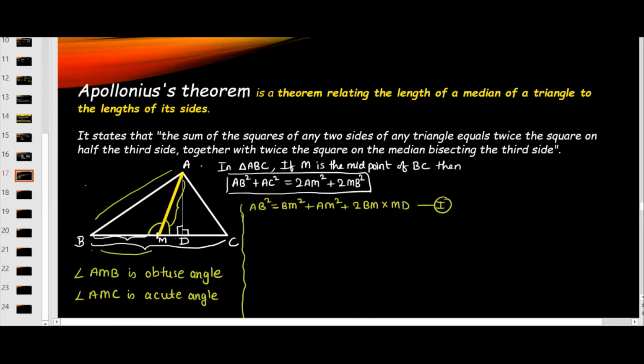So we have to write the result according to the theorem. And for the second equation, on this side we can write AC square is equal to MC square, this full length, plus AM square, that is the middle length, minus 2 times MC multiplied by MD. So this gives you the second equation.